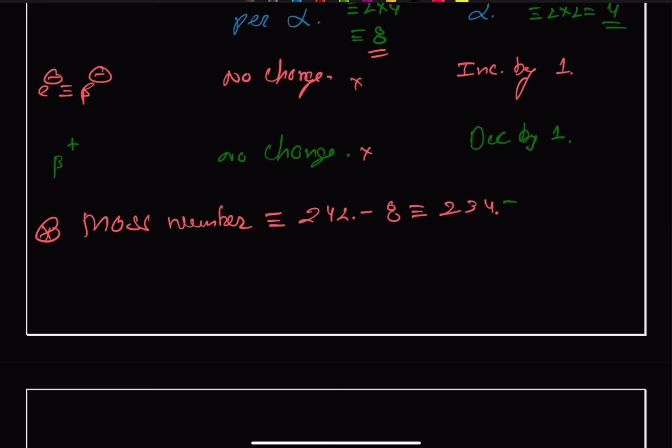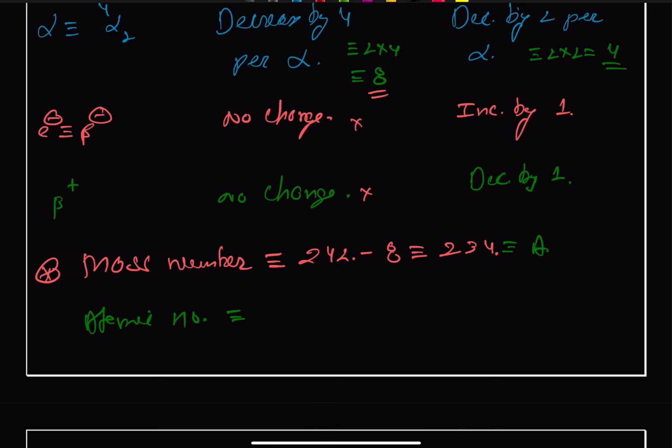And then we can calculate our atomic number, that is Z. This is our A, and we have our atomic number, and atomic number is decreased by 4. This is an increase, and this is a decrease.